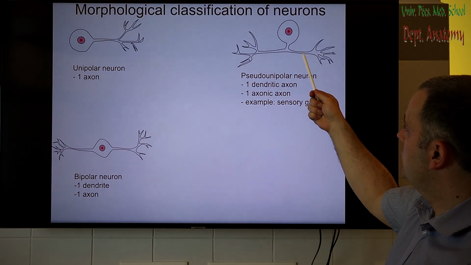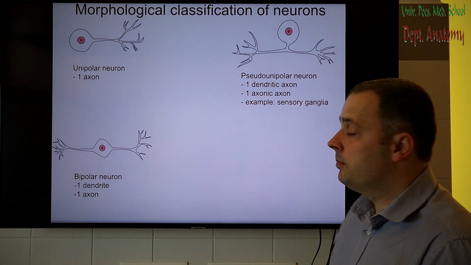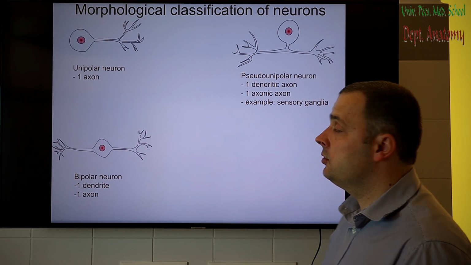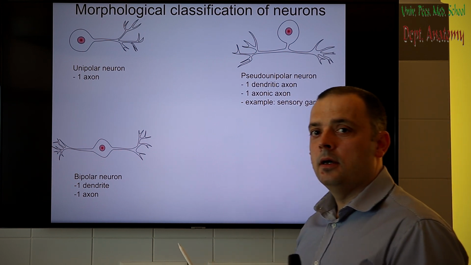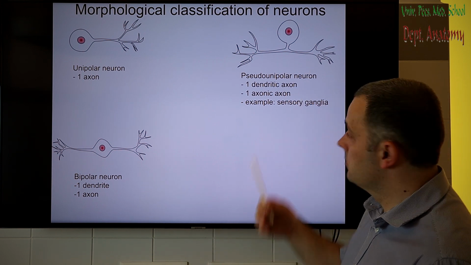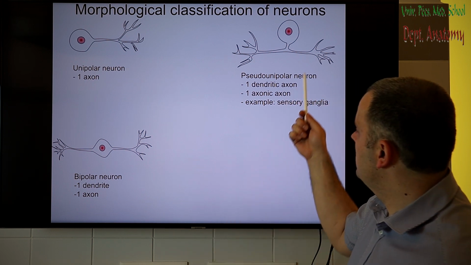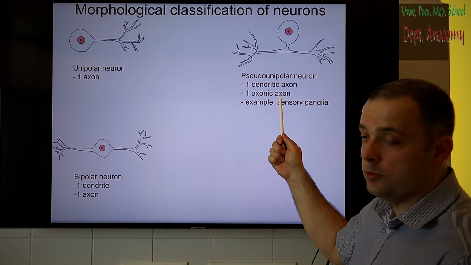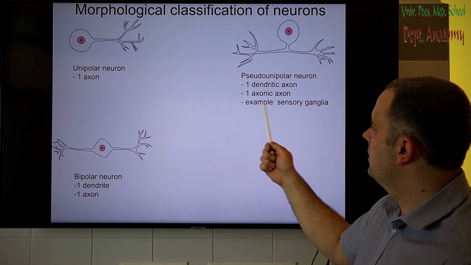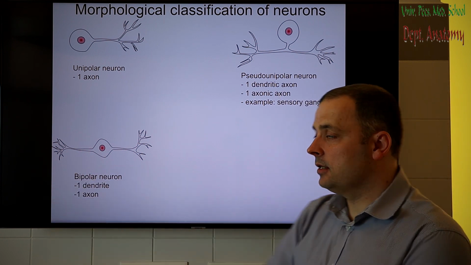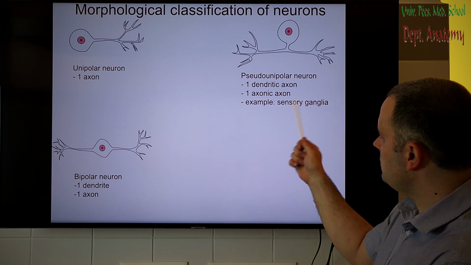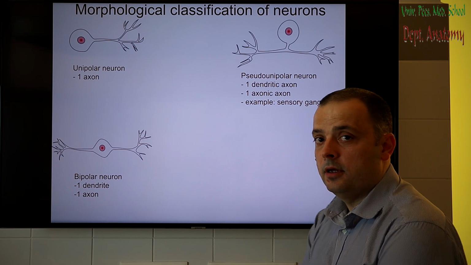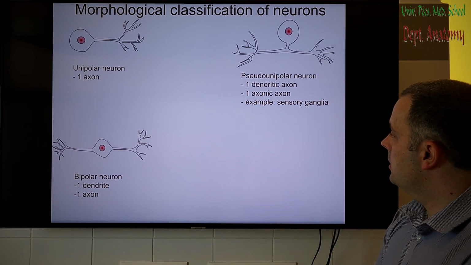So one may call them peripheral and central processes, but if we zoom in with an electron microscope, it turns out that both are axons in structure, and because of their different function, one can be called the dendritic axon, which picks up the signal, and the other one is the axonic axon, which gives the signal further to the next cell. The example for that is the sensory ganglion, and I will come back to this point at the very end of this lecture.